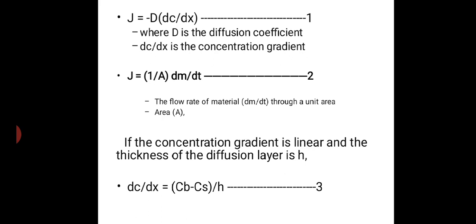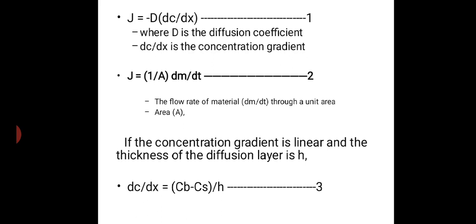Now combining these three equations, we can simplify. The third equation shows dC by dx equal to Cb minus Cs divided by h. Substitute the third equation in the first equation, you will get J is equal to D into Cb minus Cs by h, that is J is equal to D by h into Cb minus Cs.